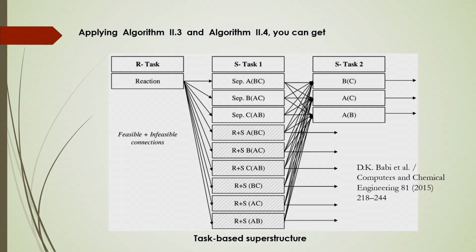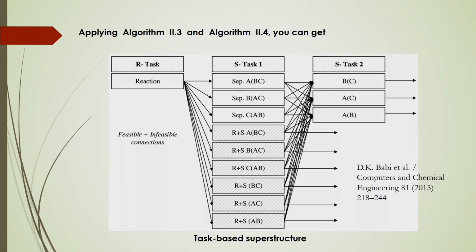Now, separation may be between A or BC, there will be a combination, and there will be several possibilities of phenomena based building blocks, based on maybe mixing, heating, cooling, phase transition, phase contact, like this.